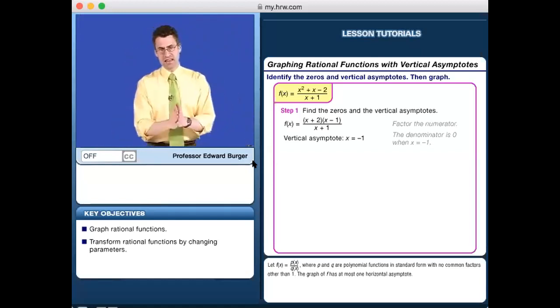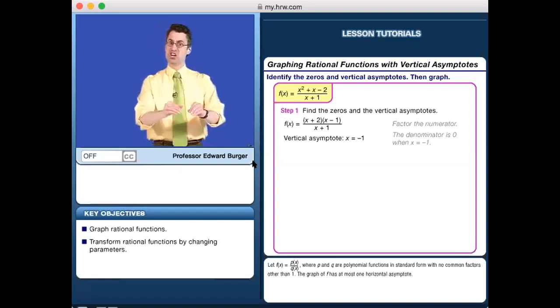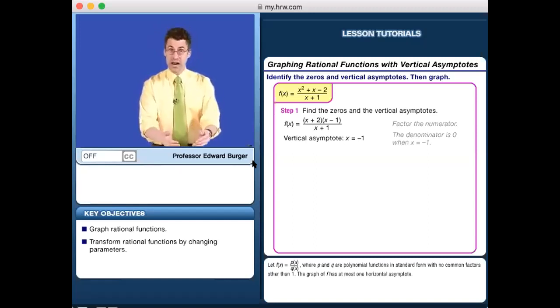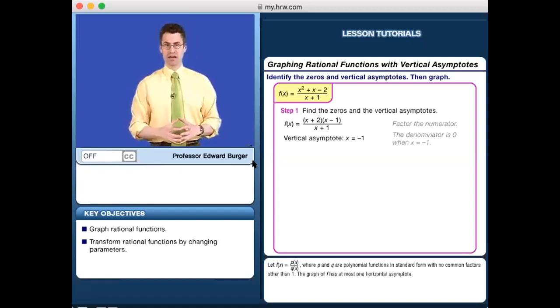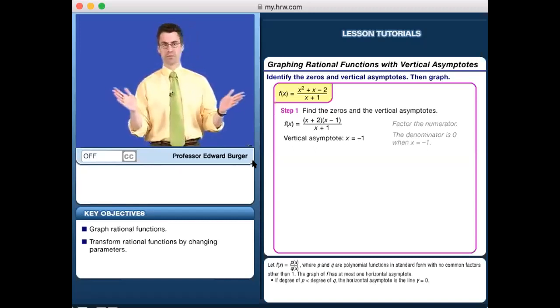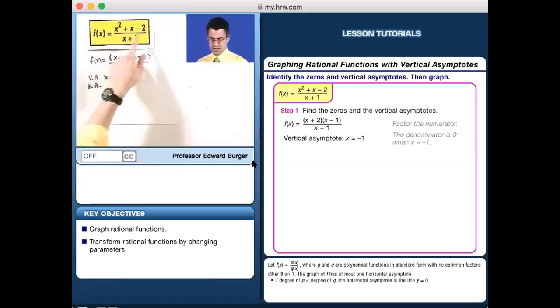If the highest exponent in the denominator is greater than the highest exponent in the numerator, then you're going to have a horizontal asymptote at y equals 0. Simple. So if the polynomial in the denominator has a greater degree than the polynomial in the numerator, y equals 0 is your horizontal asymptote.